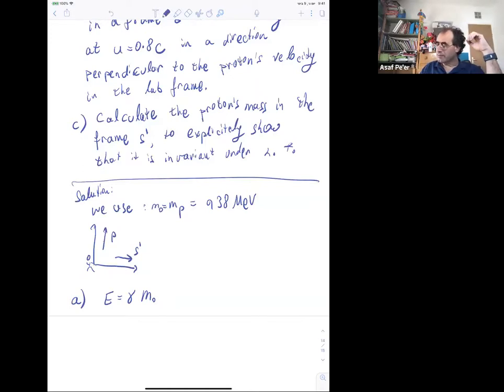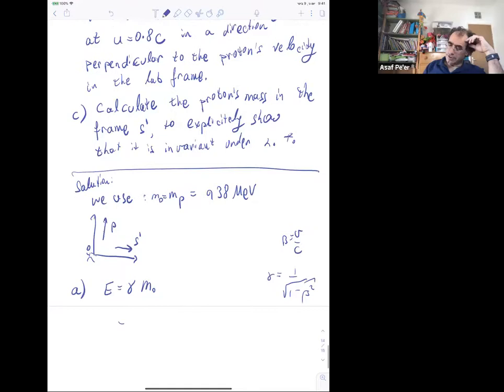Beta is v over c, so it's dimensionless. And gamma is 1 over the square root of 1 minus beta squared, so it's also dimensionless. So E is just gamma times m0, which is m0 over the square root of 1 minus 0.758 squared.